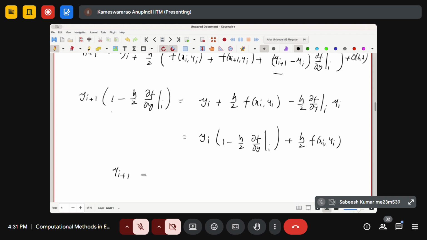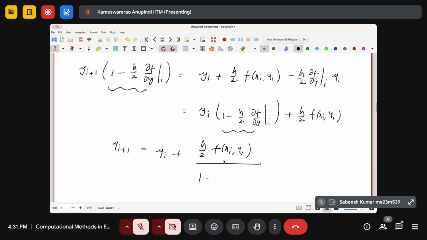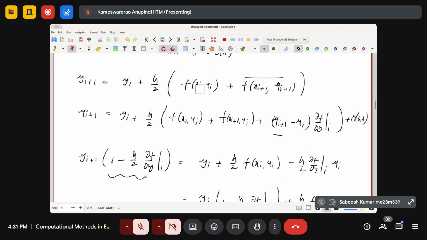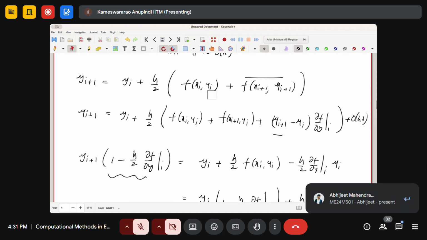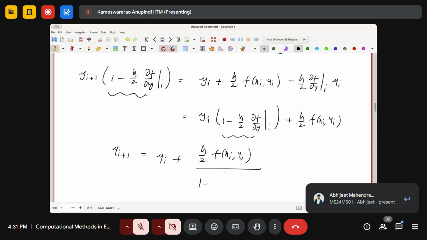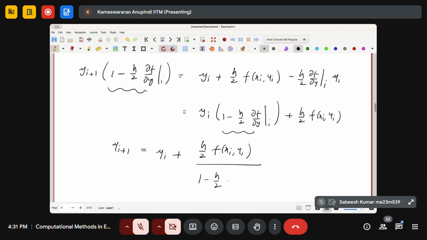So that means y_{i+1} equals, I can divide with this thing, so I can write this as y_i plus h by 2 f of x_i, y_i divided by, oh sorry, not f of x_i, y_i. I think I made a mistake here. So yeah, this is correct: f of x_i, y_i divided by 1 minus h by 2 partial f by partial y at i.